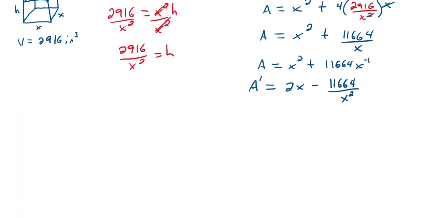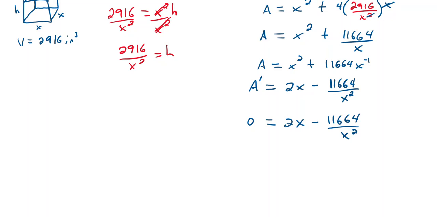Now that we have that, we're going to set this equal to 0. We want to minimize this. So 0 is equal to, because that's where the derivative is 0, where the slope is flat, 0 is equal to 2x minus this.